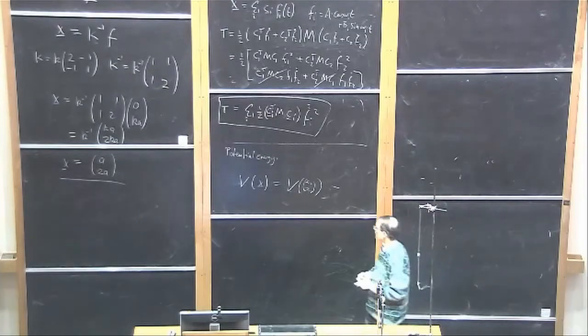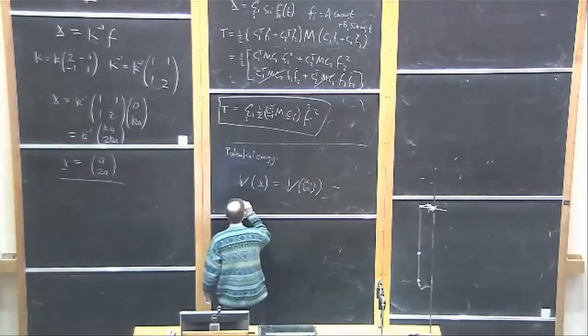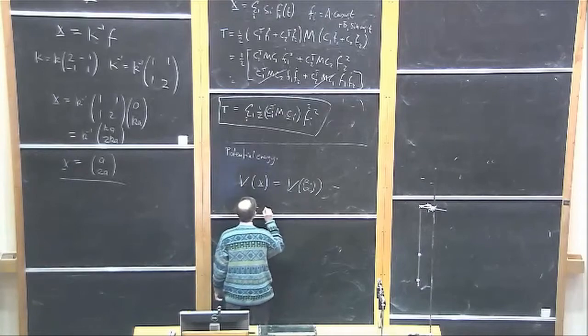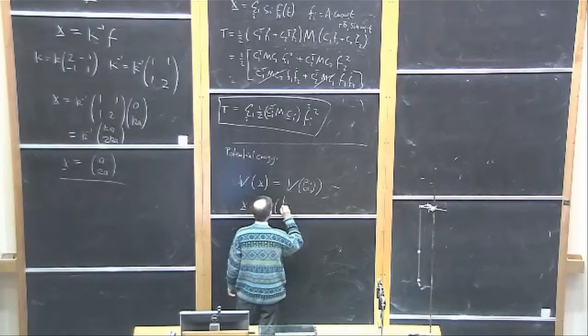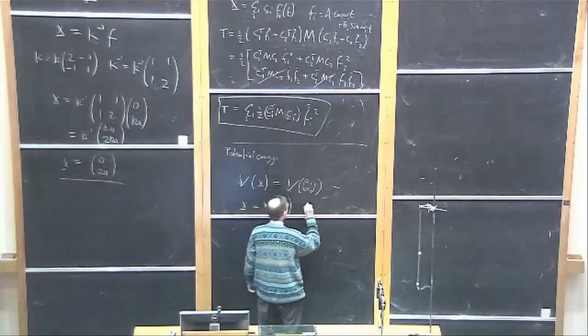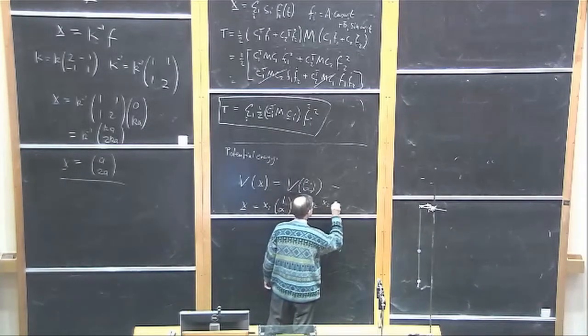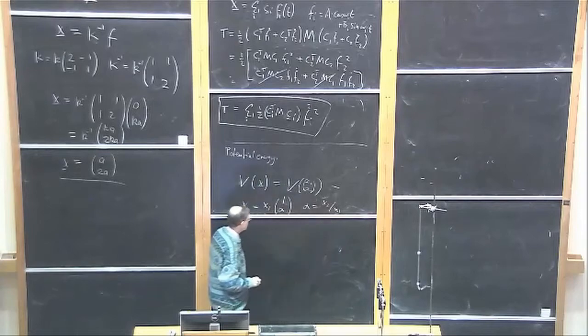Okay? So I'm going to write x as x1 times (1, alpha), where alpha is x2 over x1. Okay?